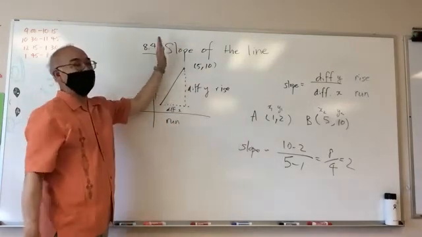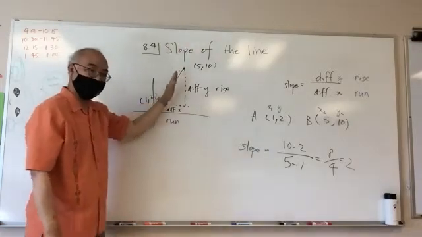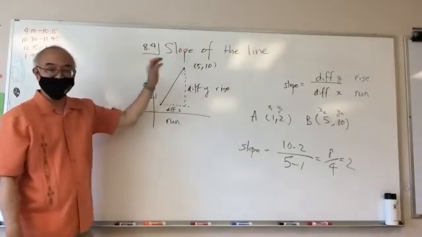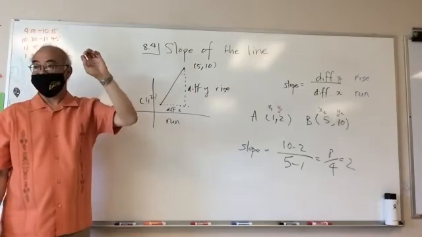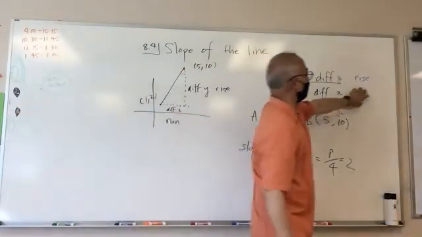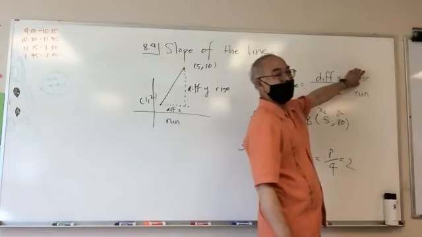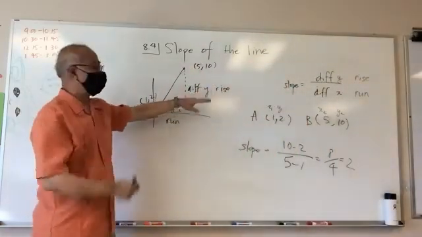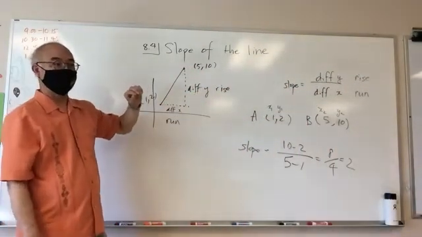The steeper the angle, the larger the slope. Can you see that? Because with the same run, I'd have a greater rise, which would be a greater slope.